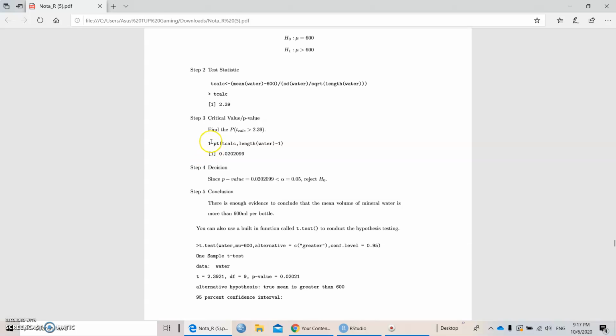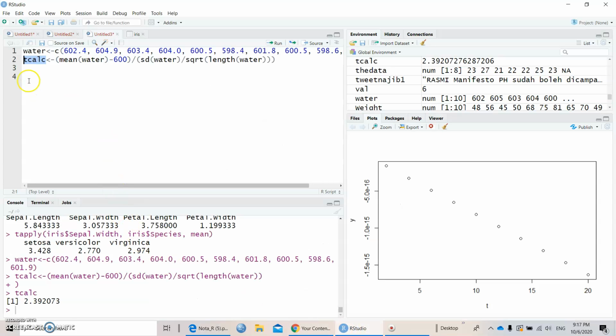So we compute the probability value by 1 minus the probability of t less than 2.39, so 1 minus pt, t calc, with degrees of freedom length of water minus 1.